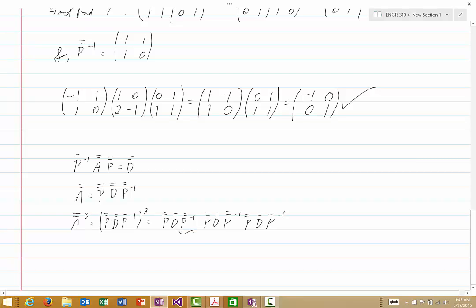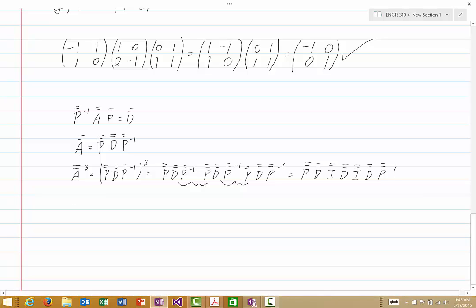But now notice that this P inverse P there and the P inverse P there are both equal to I. So we have P D I D I D P inverse. But of course D times I is D, so we have that A cubed is equal to P D cubed P inverse.